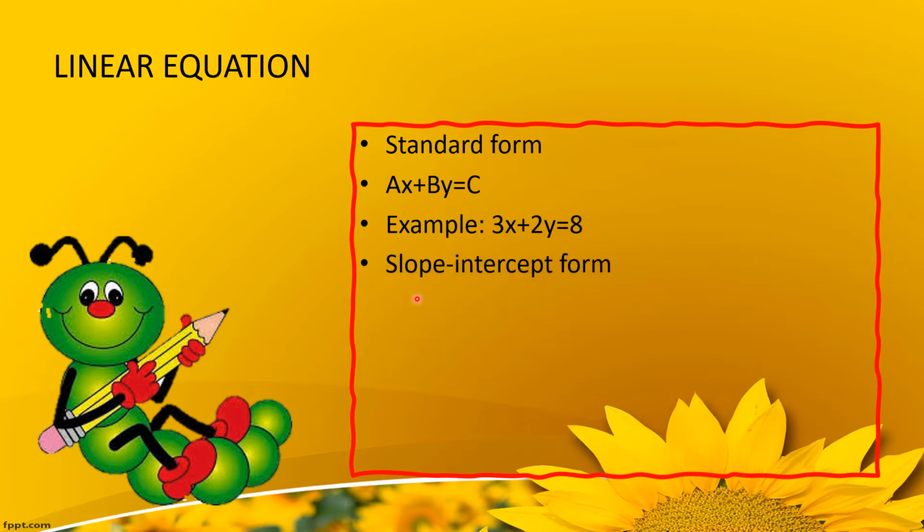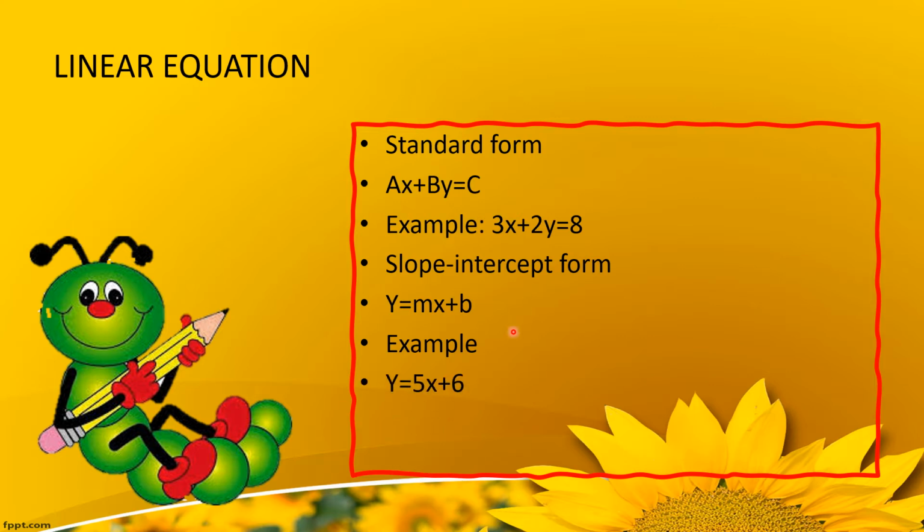We also have the slope-intercept form. Our slope-intercept form is in the form of y equals mx plus b, wherein m is the slope and b is the y-intercept. So it is called slope-intercept form.